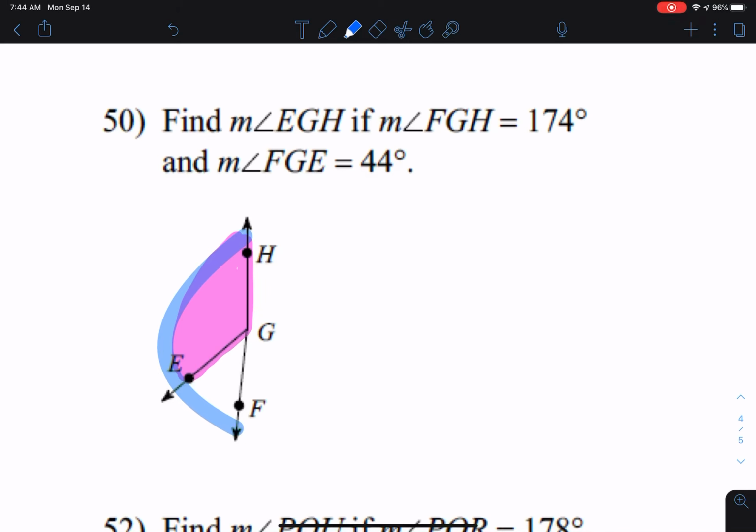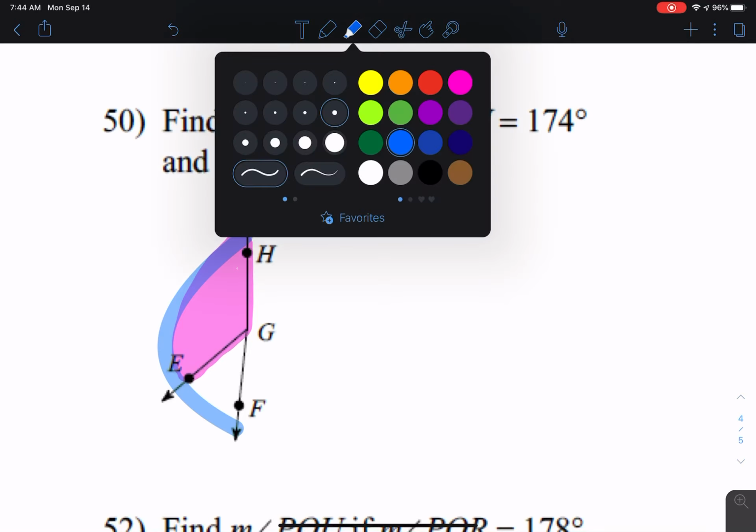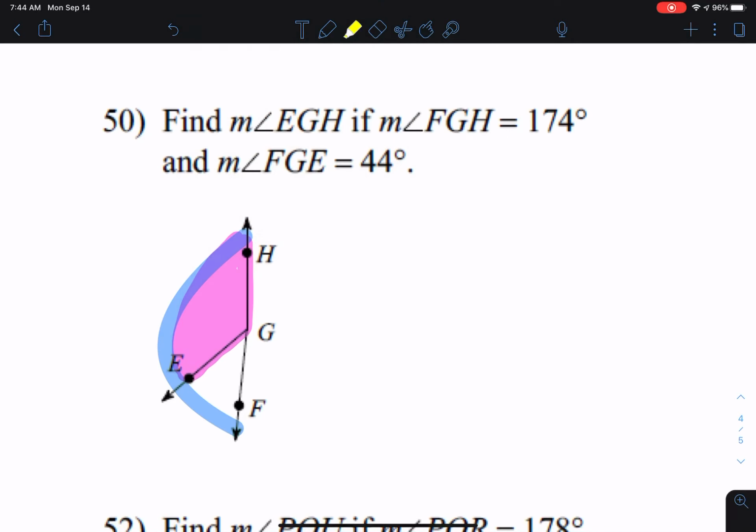If it's 174, and the measure of FGE is 44, this guy right here is 44, I need to find the pink. If I know the big one, which is blue, the outside, FGH, the big one is 174, and I take away the yellow one, I would be left with the pink one.